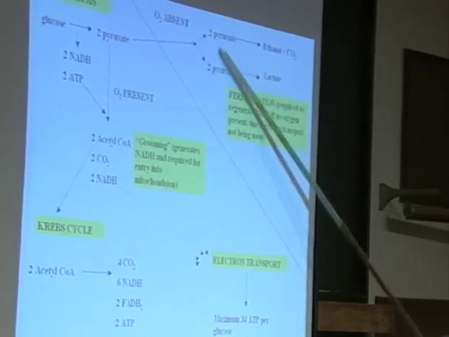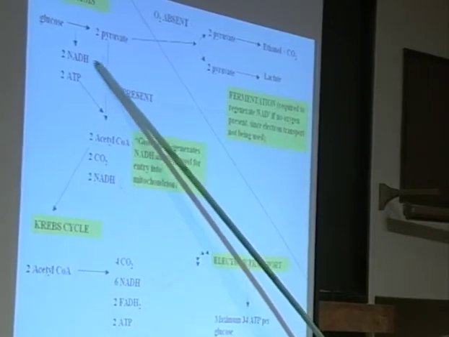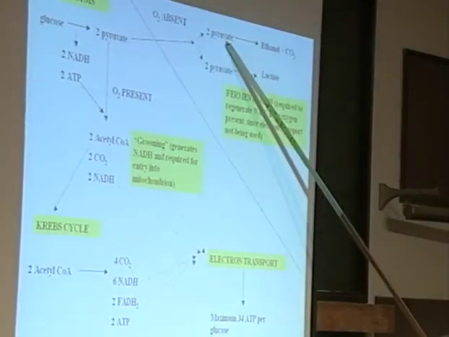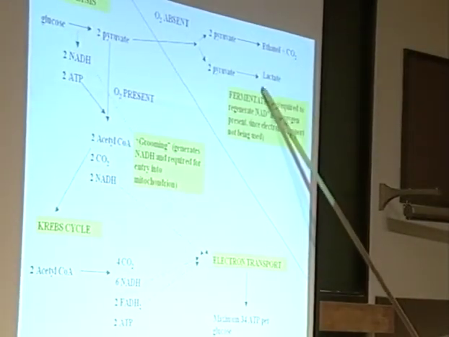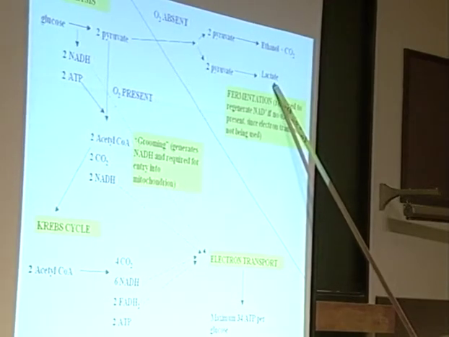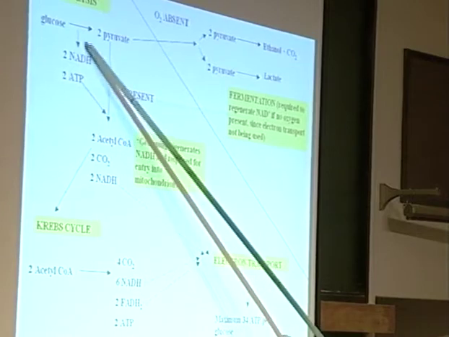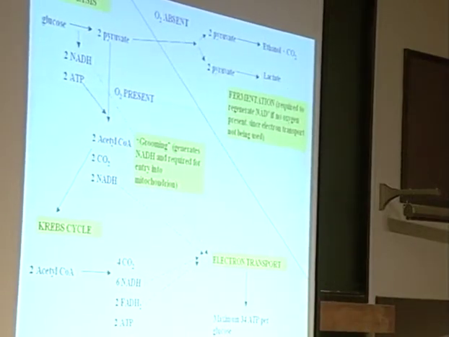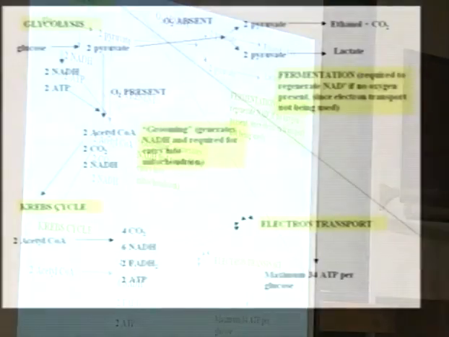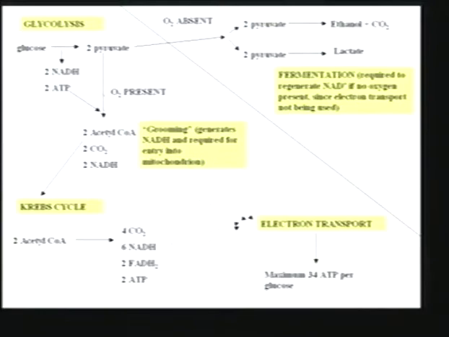Okay, that's what's happening here. You take these NADHs, you pass the electrons off to pyruvate, and you generate either ethanol and CO2 or lactate, depending on the cell type. That regenerates NAD, so you can go through glycolysis again. And so that's why cells do it. If they didn't, they'd run out of NAD and FAD.